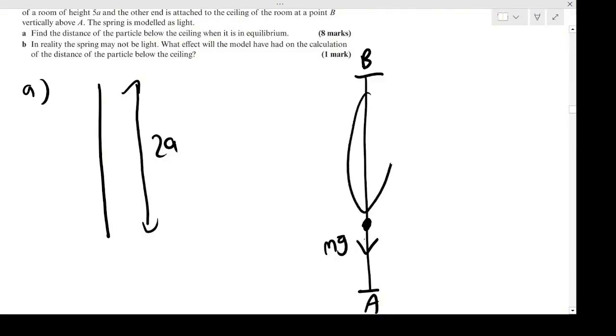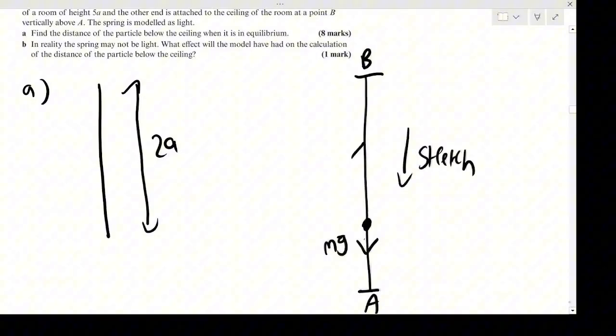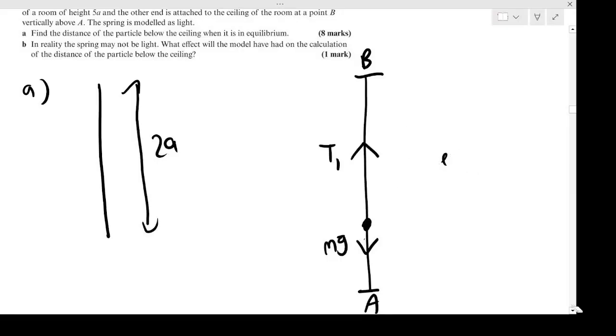So for the top string here, it's been stretched downwards towards the particle, and so the tension in the top part is going to act up, and this is T1. Then for the second string at the bottom, again it's been stretched up towards the particle, which would mean that there'd be a tension force acting down. And that'd be T2. So that's the story, right? The same sort of situation as with the last example. So hopefully happy with that.